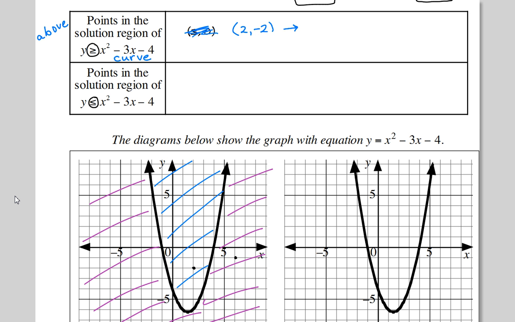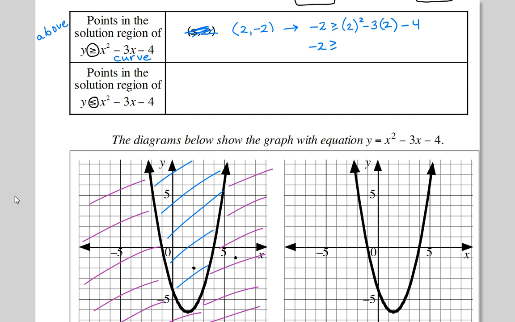We've got to plug in 2 comma negative 2. So what's the y? Negative 2 greater or equal to x squared, so 2 squared minus 3 times 2, minus 4.